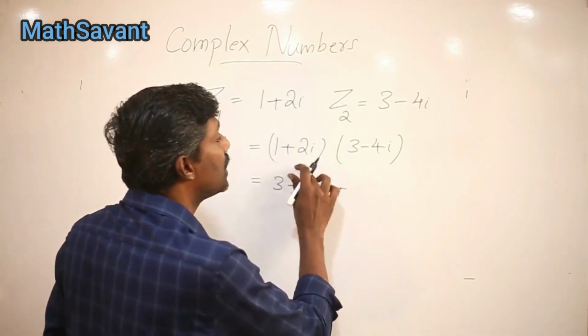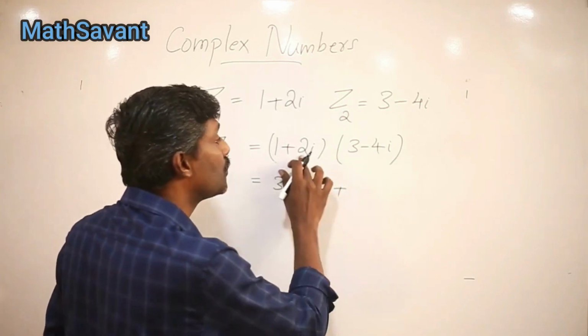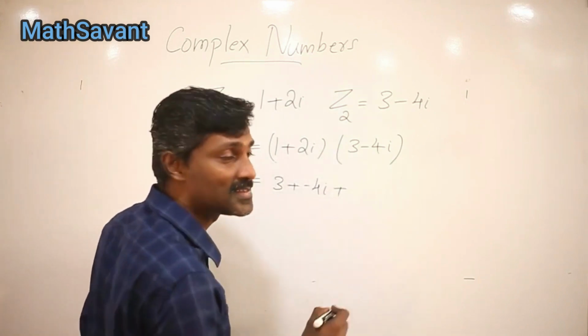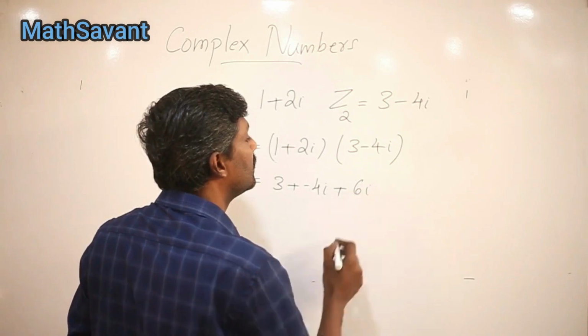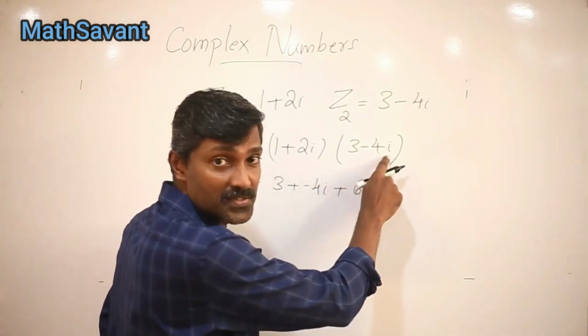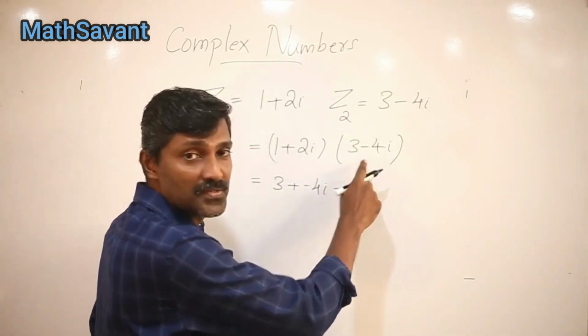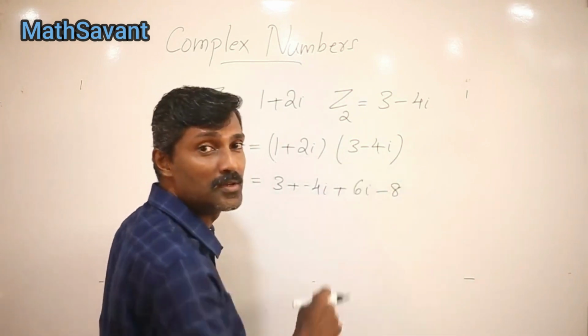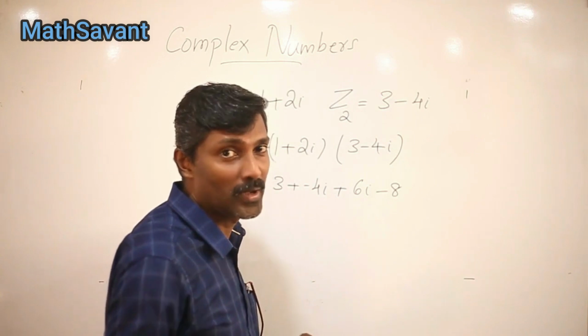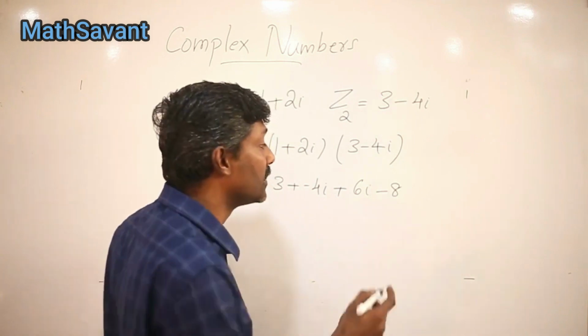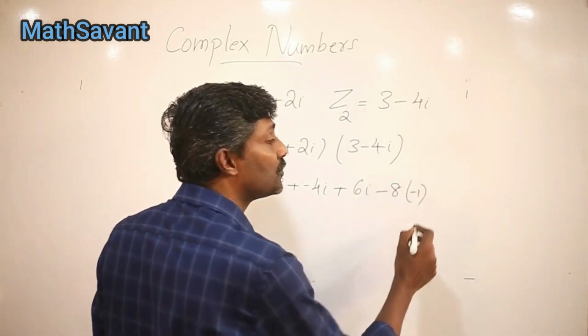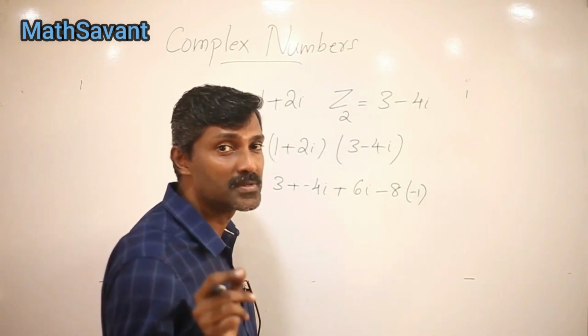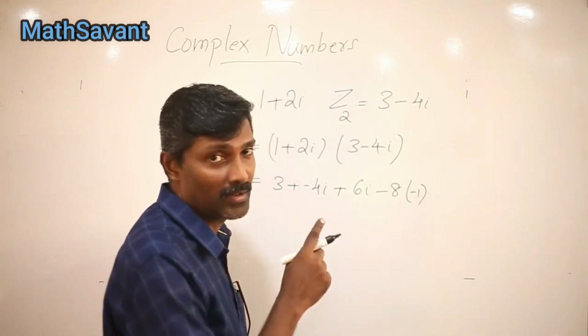You multiply 2i by both these numbers. So 2i into 3 is 6i, and then you have 2i into minus 4i. 2 into minus 4 is minus 8, and what is i into i? i into i is i square. And what is the value of i square? It is minus 1. So we have to remember that i square is minus 1. Only then you will get the final answer.